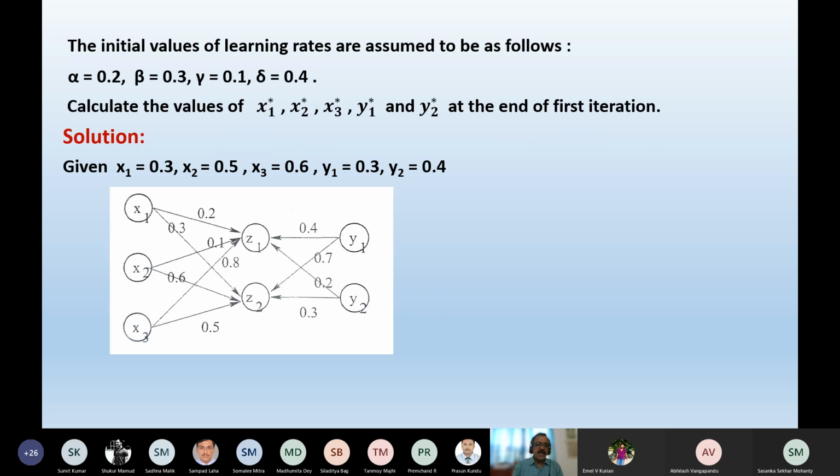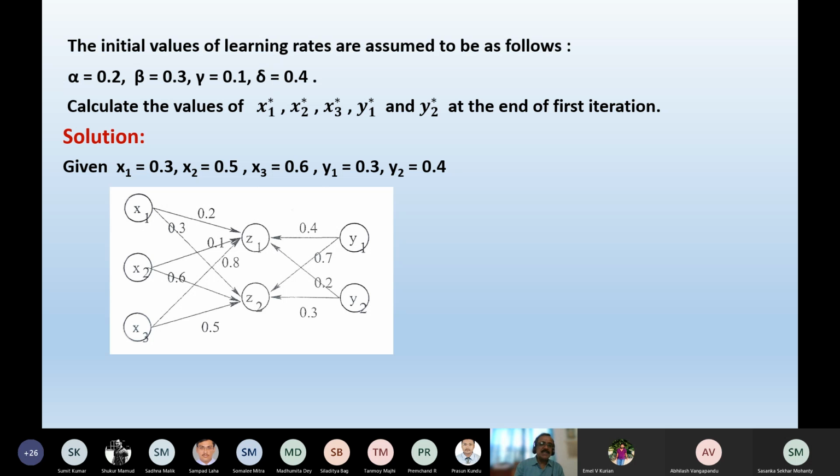Okay. And let me assume the learning rate values are as follows. Alpha is 0.2, that is the learning rate between the X input and the hidden layer. Beta is for the Y input and hidden layer. Gamma is actually for the X output and the hidden layer. And delta is nothing but for the hidden layer and Y output layer.